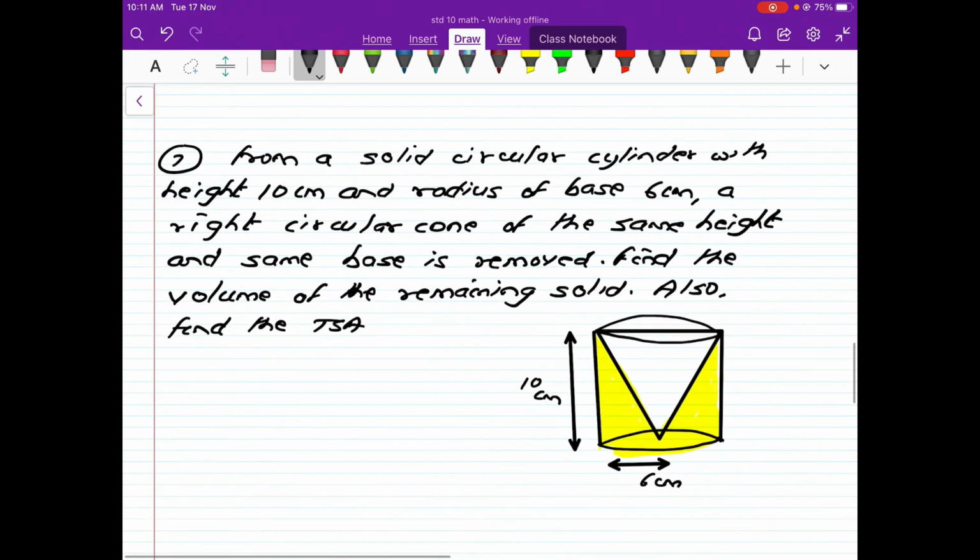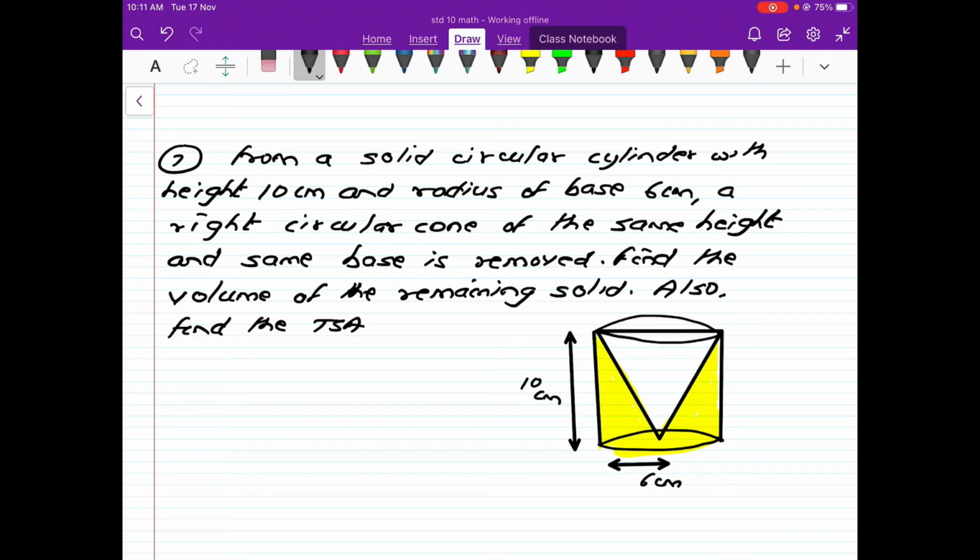So now we come to the seventh sum. So what is that seventh sum? From a solid circular cylinder with a height 10 centimeters and radius of base 6 centimeters, a right circular cone of the same height and same base is removed.